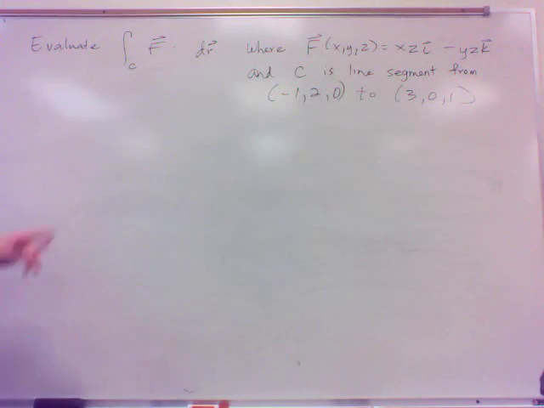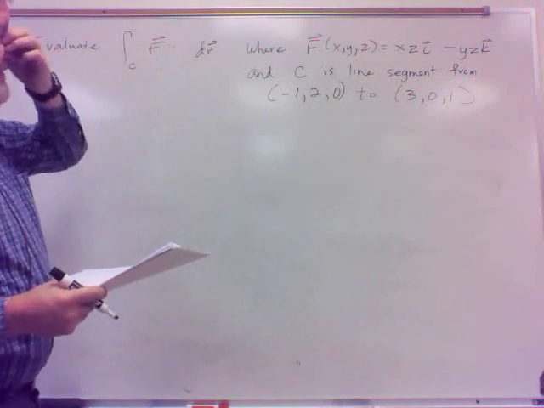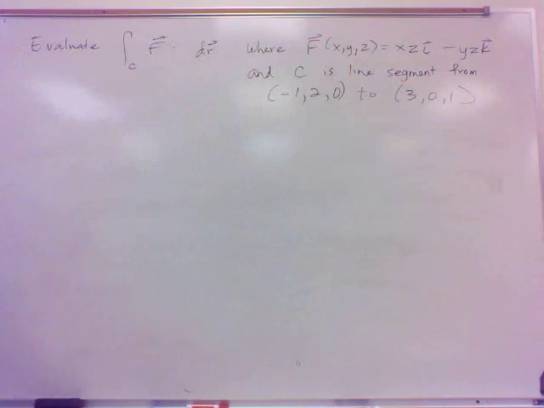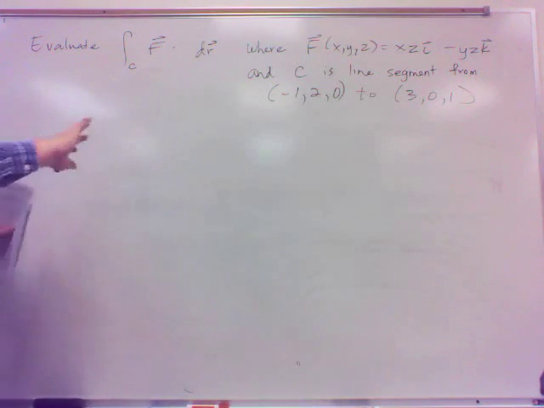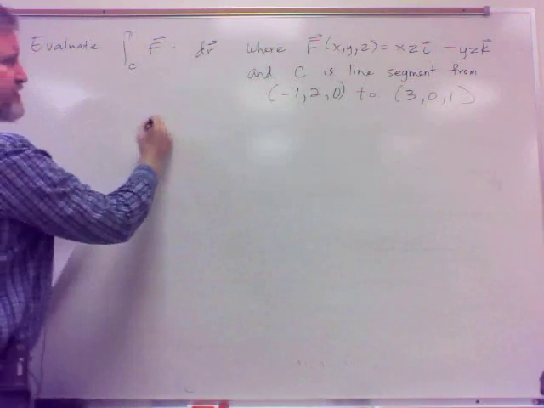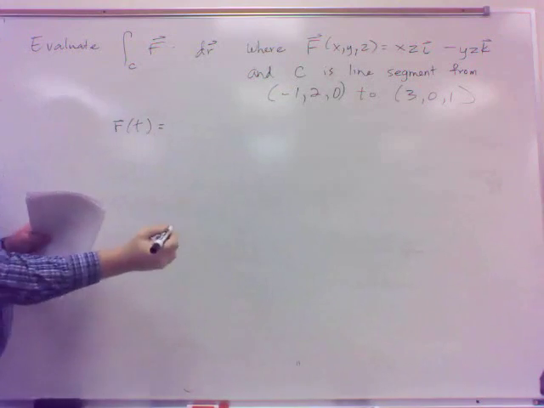As we noted, we need an r of t, so we need this C in terms of a vector r of t. We just so happen to know how to do this. The three-dimensional version of the line segment is the same as the two-dimensional version.